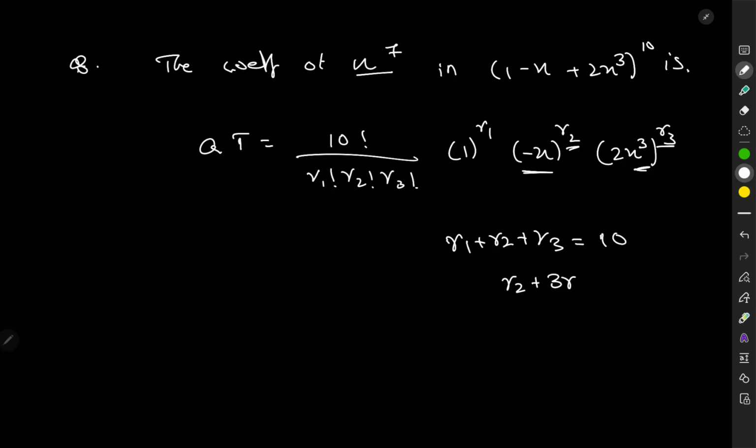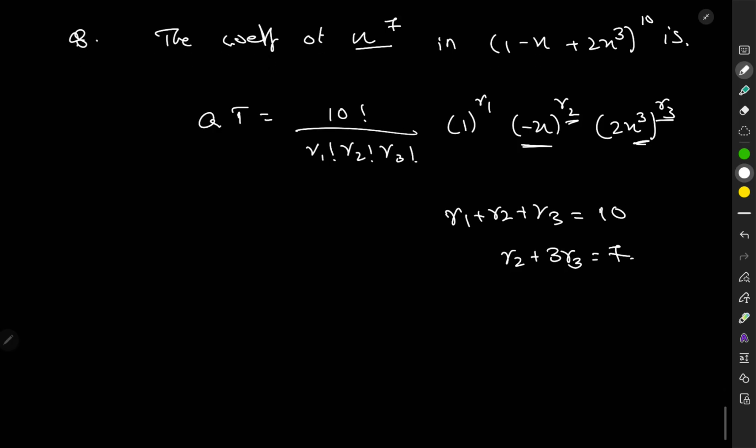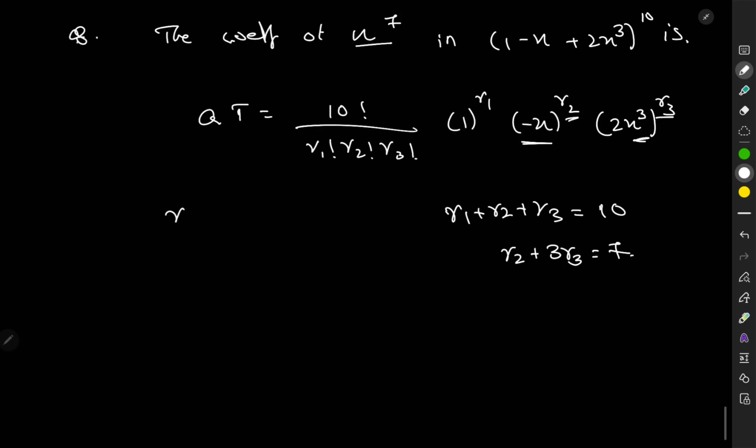Now we know that all these three r's will start from 0 and go till n, so I can take any values 1, 2, 3 till 10. In this case n is 10.